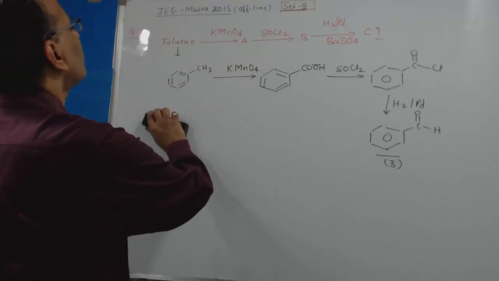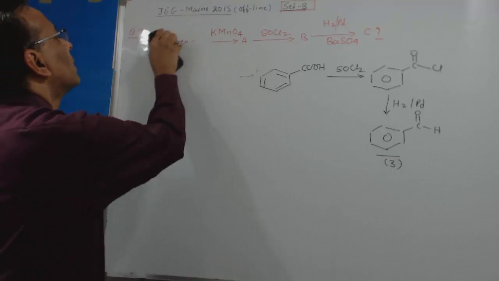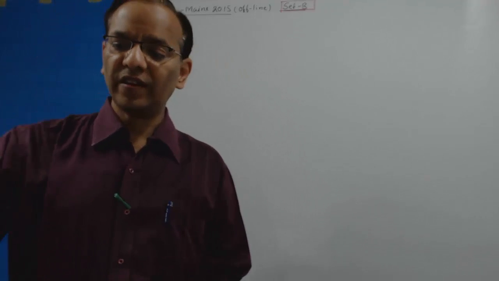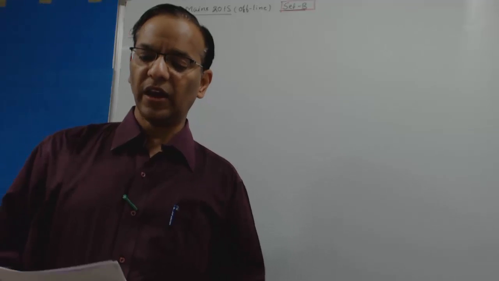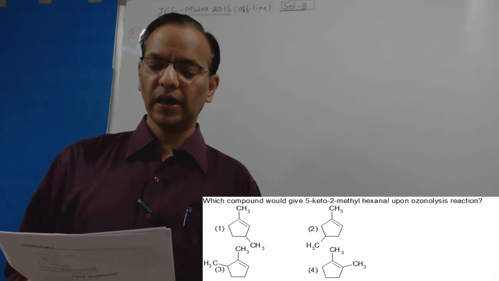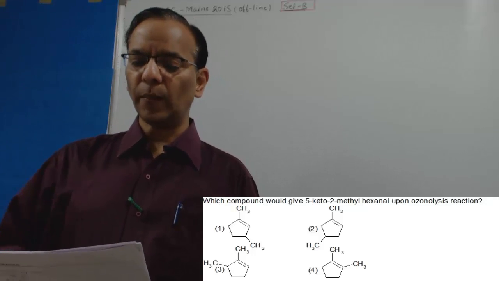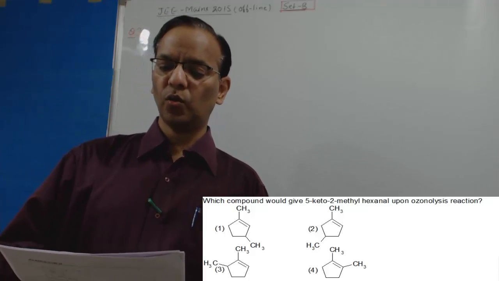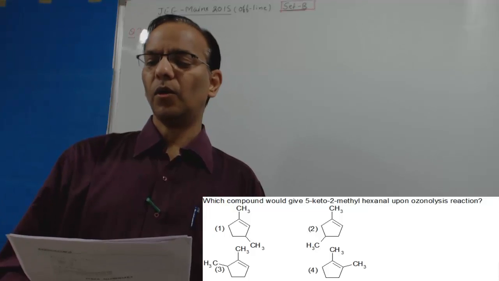So let us move to the third question. Question number 3, again from organic chemistry. The question is, which compound would give 5-keto 2-methyl hexanal upon ozonolysis?